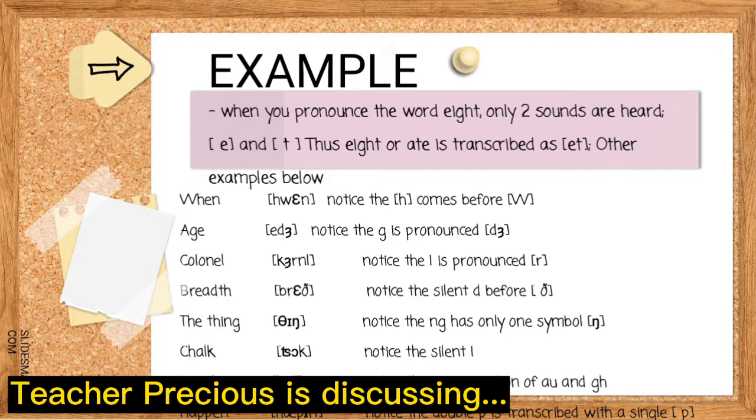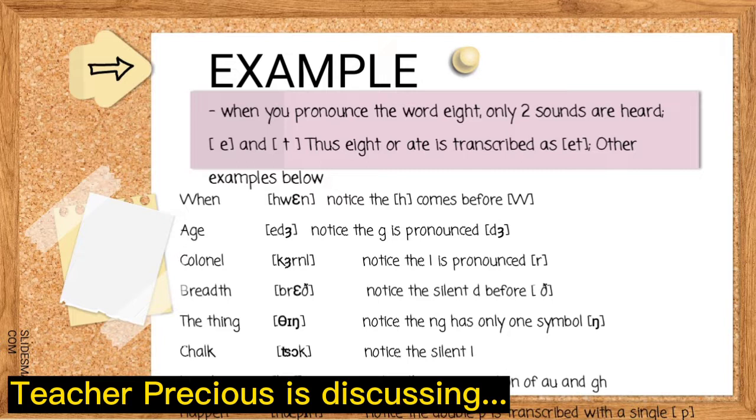Other examples are below. Example: when. Notice the H comes before W. Example: the word with silent H. Notice the G is pronounced as J. Kernel. Notice the L is pronounced as R. Bread.